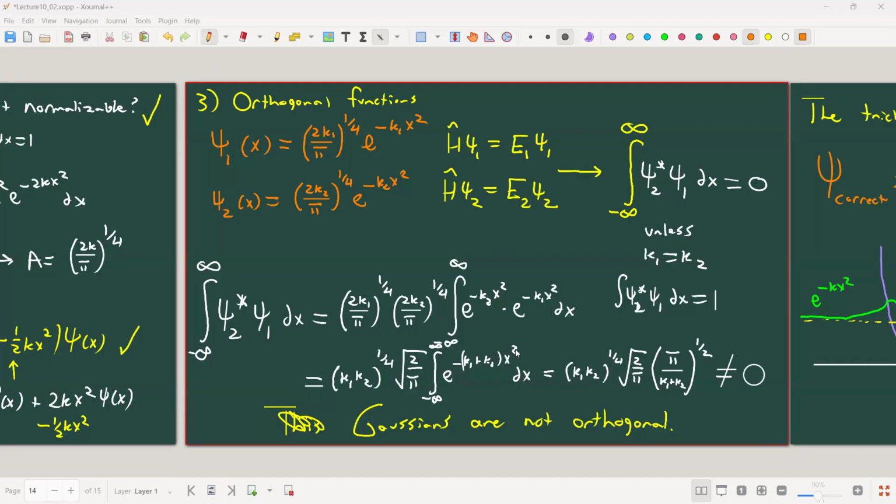Here, the Gaussian is a function that when you take the product of them, you get the same function back. So that means by definition that the integral of the product can't be 0, because the integral of one bell curve is not zero, and a product of two bell curves is one bell curve. So that means they're not orthogonal.